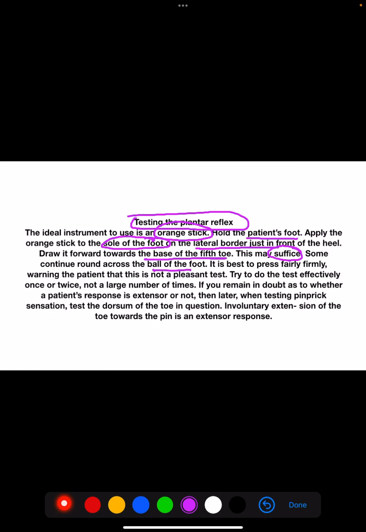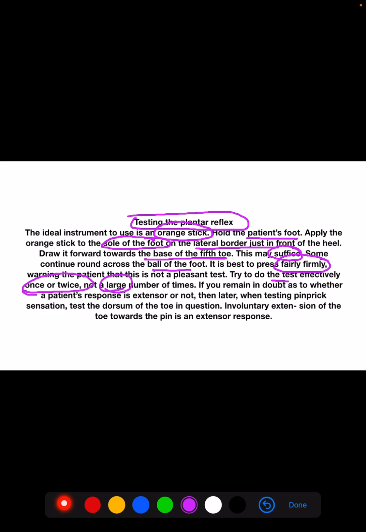During this testing, it is best to press firmly, and try to do the test effectively once or twice, but not a large number of times.